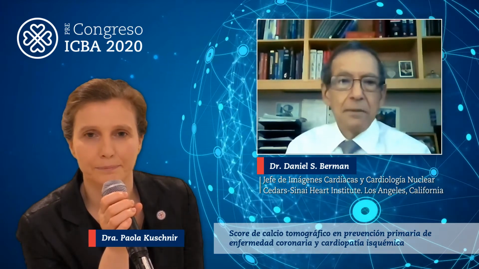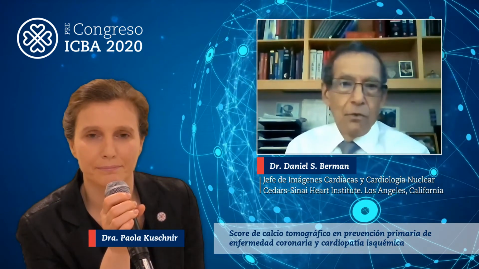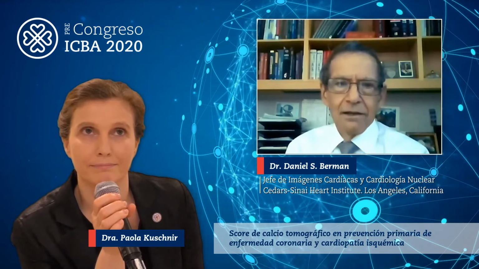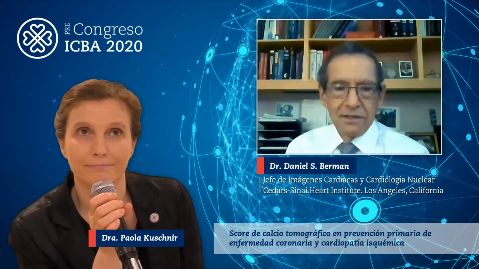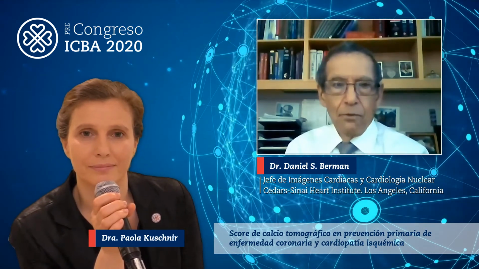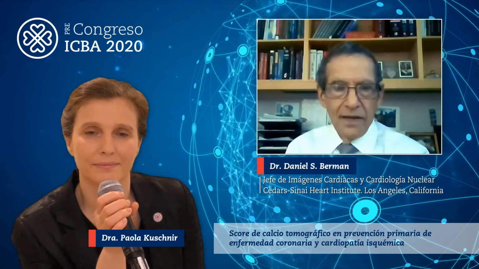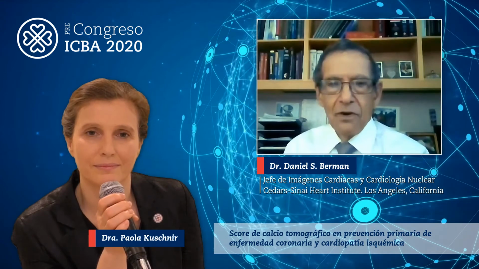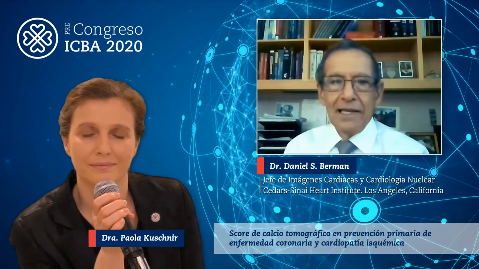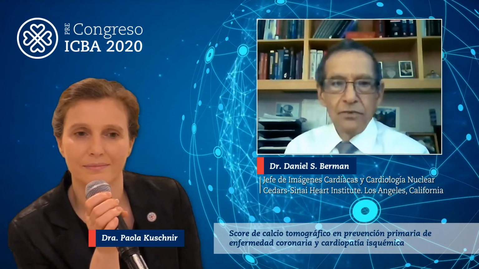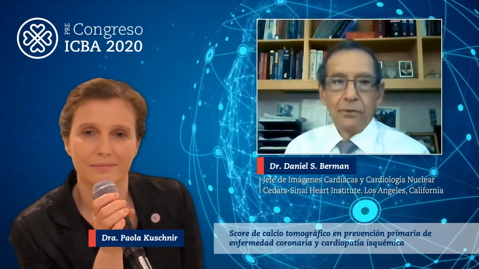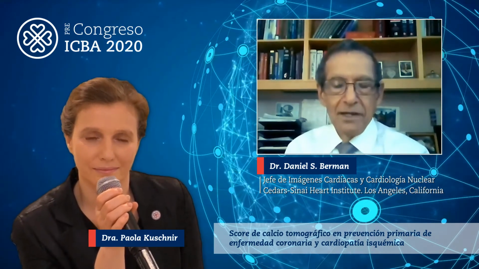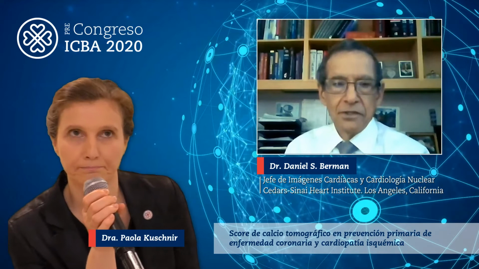At 10 years, it's like a few in 1,000 end up with cardiovascular events. So this power of 0 leads to the statement that we do not need to treat with statins and aspirin in individuals.